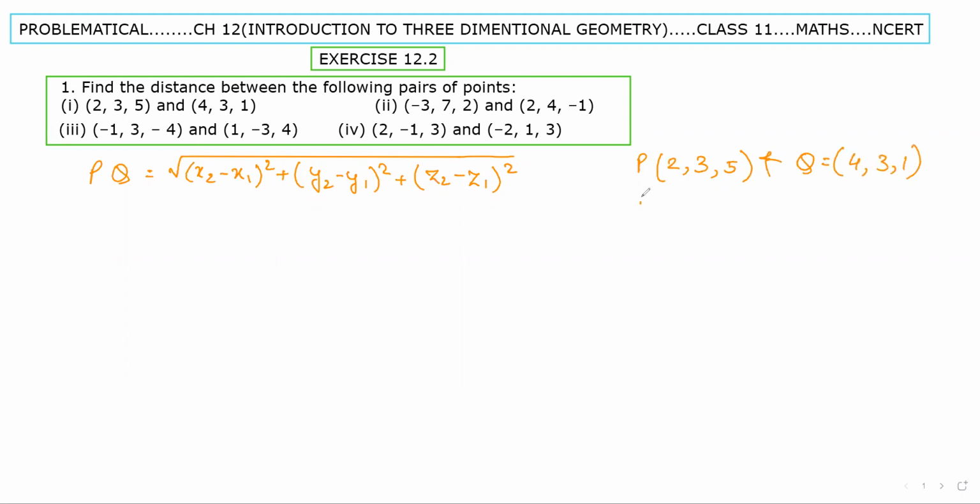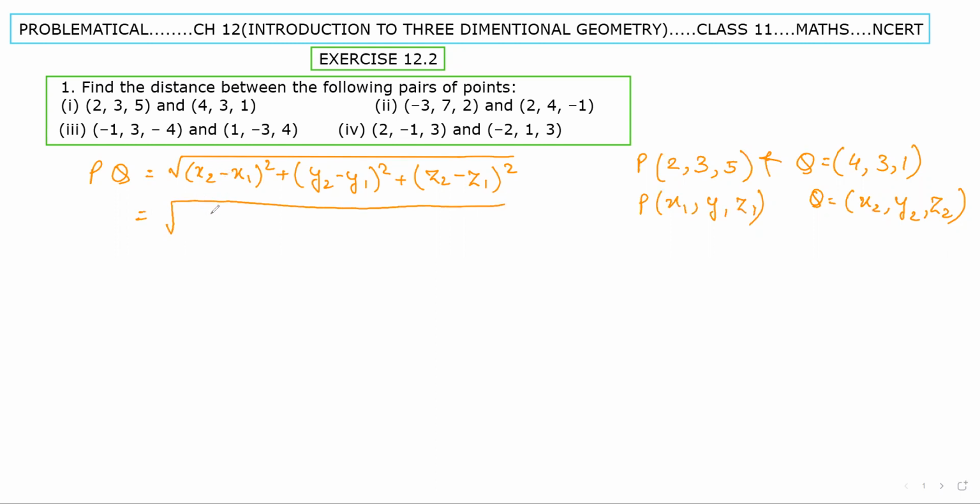In a general sense, P should be x1, y1, z1 and Q is x2, y2, z2. So here you can equate these: x1 is 2, y1 is 3, z1 is 5, x2 is 4, y2 is 3, z2 is 1. All you have to do is place these values in this formula.